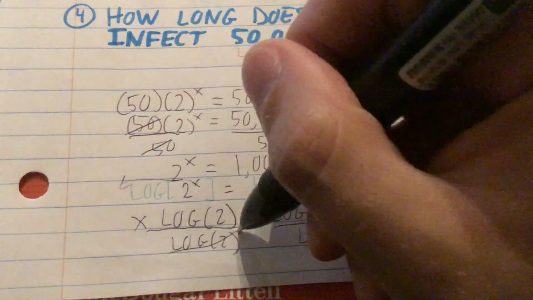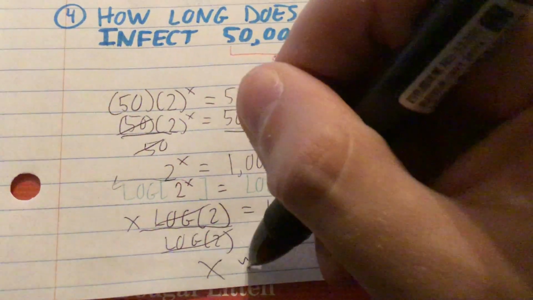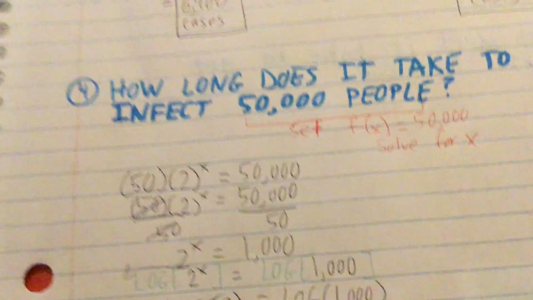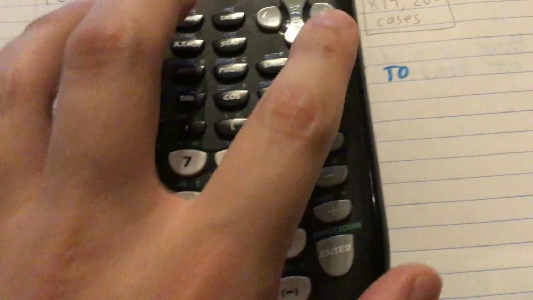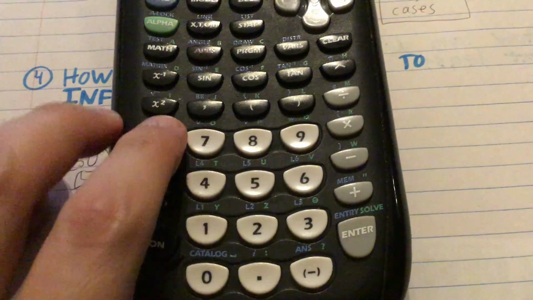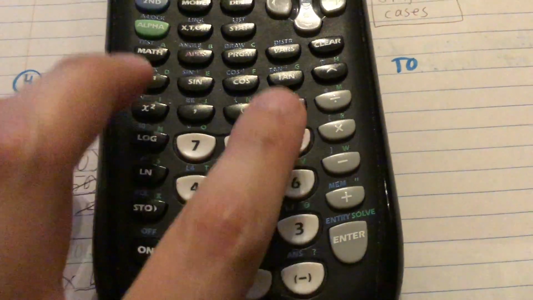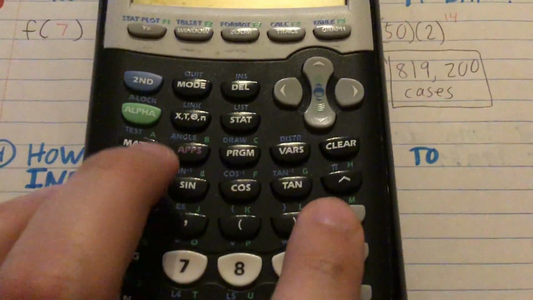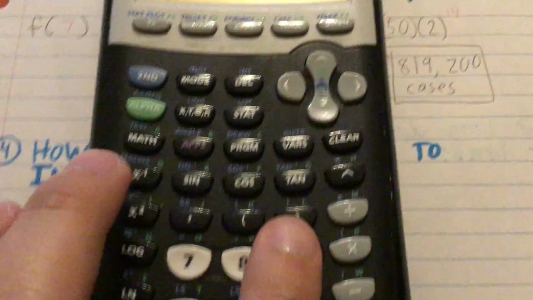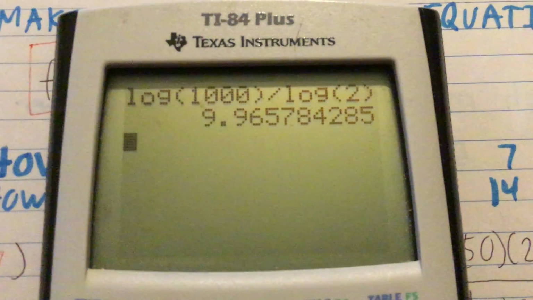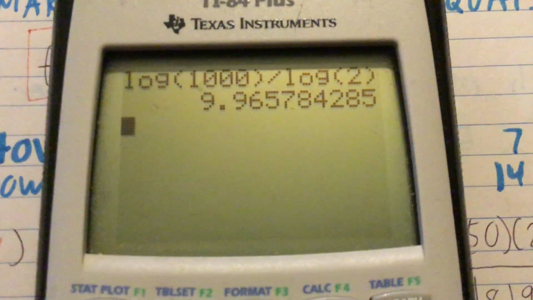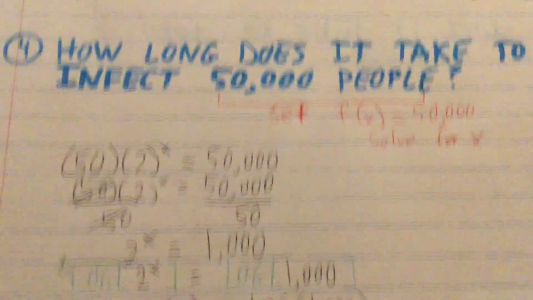And again, we'll round appropriately. So x is approximately log of 1,000 divided by log of 2. And that's going to be 9.965.